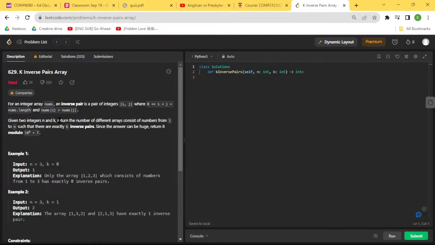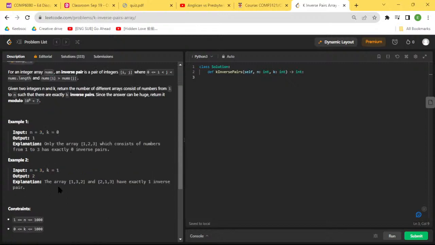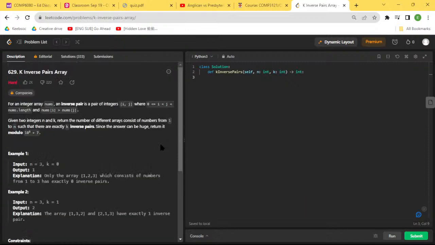Given two integers n and k, return the number of different arrays consisting of numbers from 1 to n such that there are exactly k inverse pairs. Bro, what the frick?